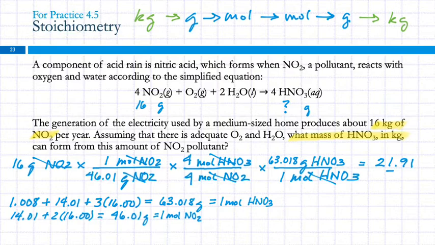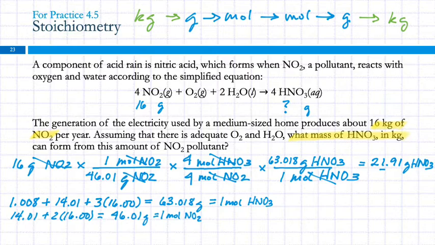I didn't leave enough space here. I wrote too wide. 21.91 grams of HNO3. Anybody else get that number? Did my calculator tell me the truth? Well, nobody's disputing it, so we'll go with that.